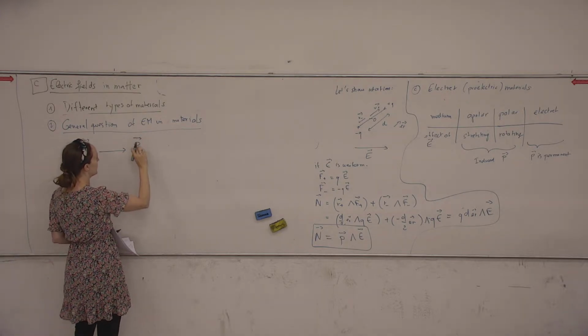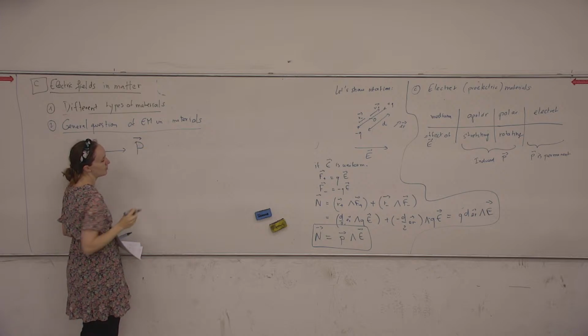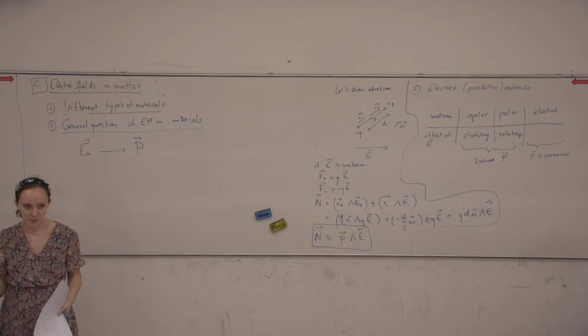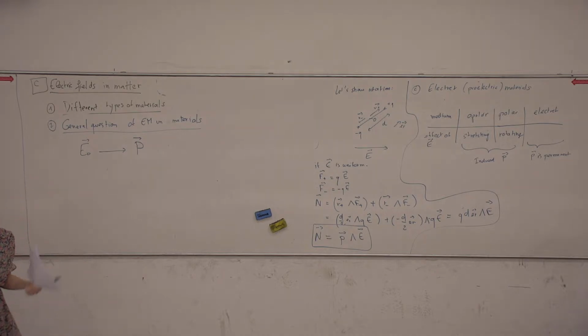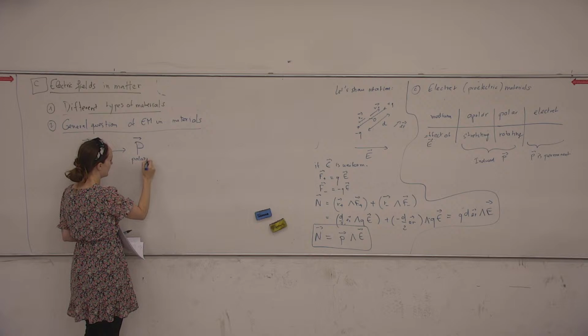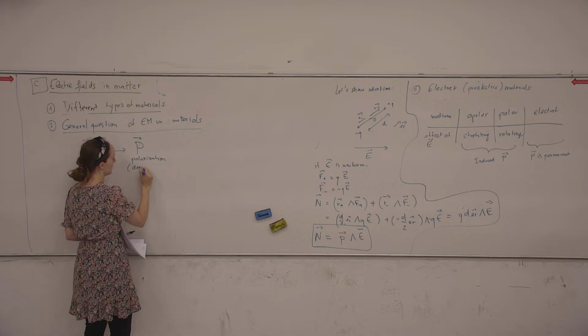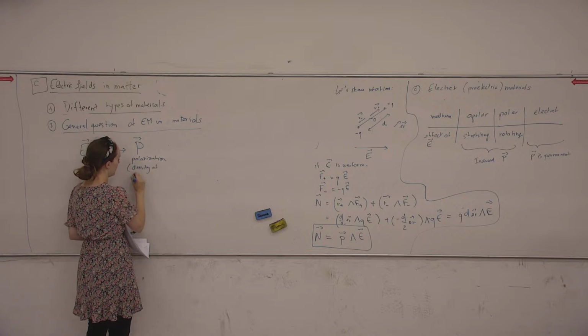So P, this is big P. It's a bit confusing, but in every book small p is the local dipole moment, and big P is the polarization, which is the volume density of dipole moments. So this is polarization. We'll define it formally later. Density of dipole moments.